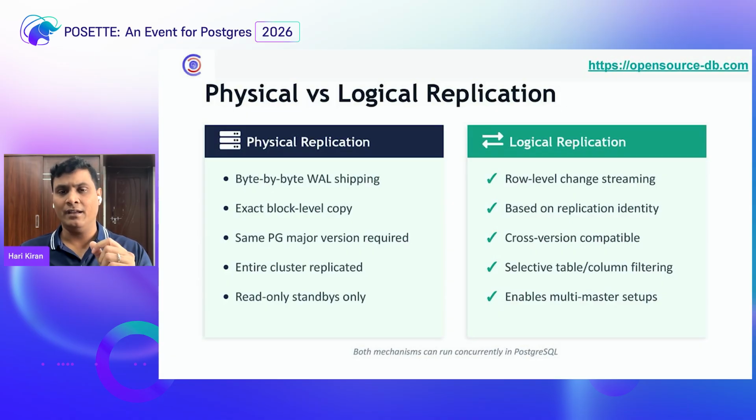And critically, it opens the door to multi-master setups where multiple nodes can accept writes. The important thing to know is that both mechanisms can run concurrently in PostgreSQL. You can have a physical standby for HA, and you can have logical replication for CDC or cross version migration on the same cluster. They can coexist.